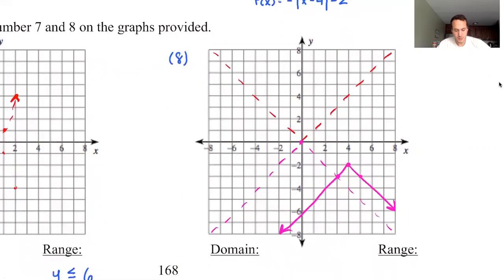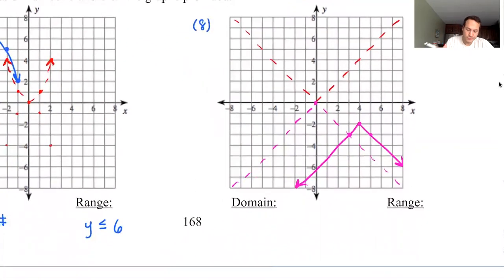There's our absolute value function. The domain, we talked about it. That's not going to change. That's all real numbers. Okay, and our range, well, again, similar to before, a reflection is going to change your range. Normally it's y is greater than or equal to, but because of the reflection, it's now less than or equal to. Okay, what number is that? Shifted down 2, so it's going to be -2 there. Okay, hopefully we're okay with that.